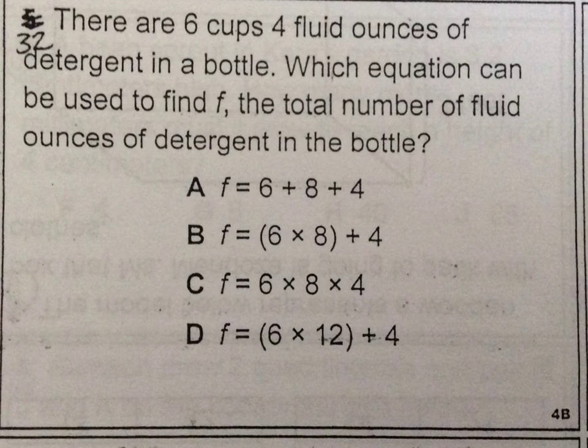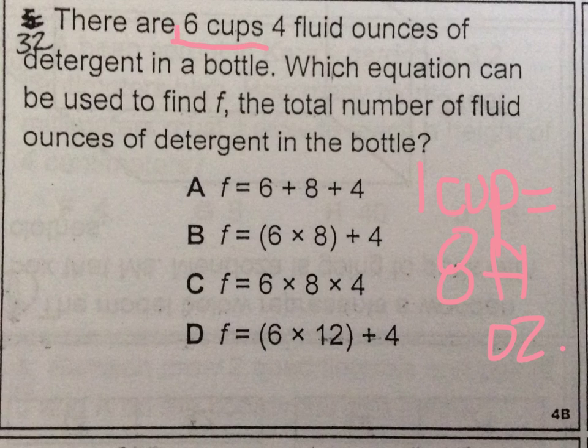Now, I realize this is not a circled problem, but I want to visit the fact that 6 cups, we are talking about a liquid here. 1 cup is equal to 8 fluid ounces. That can be found on our reference materials.